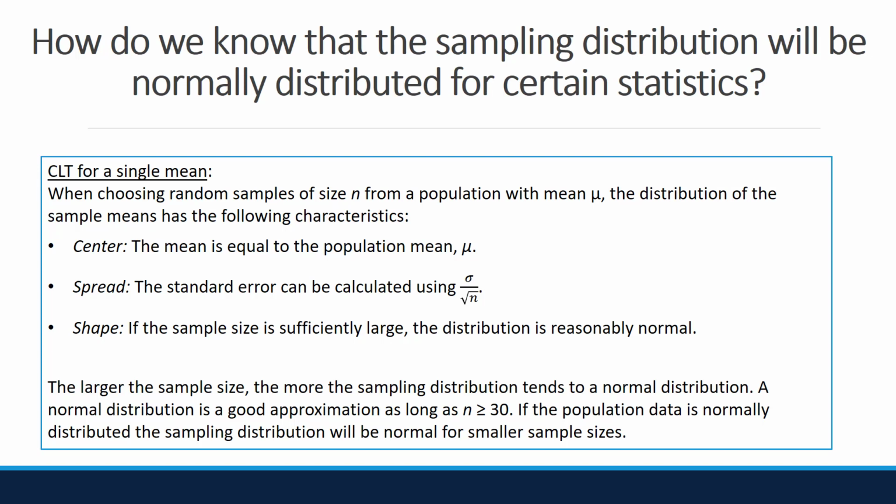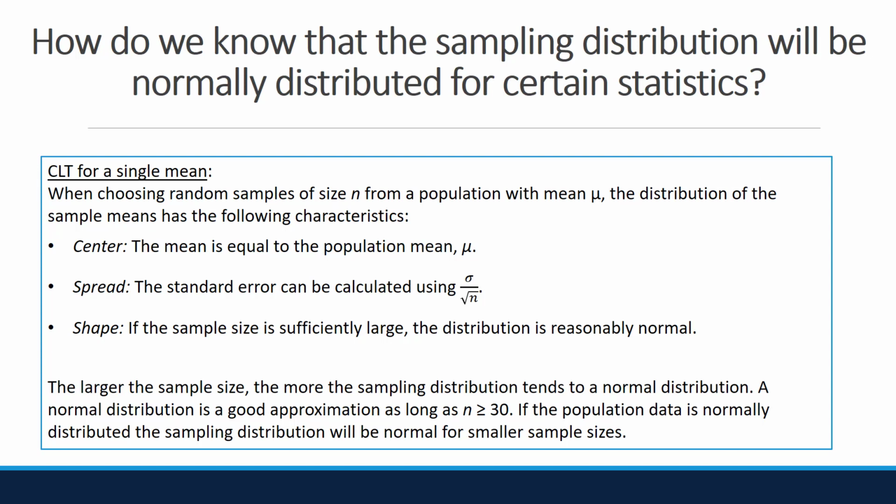Central limit theorem for a single mean. When choosing random samples of size n from a population with mean mu, the distribution of the sample means has the following characteristics. The center, the mean, is equal to the population mean mu. The spread, or the standard error, can be calculated by using the formula given, and if the sample size is sufficiently large, the distribution is reasonably normal.